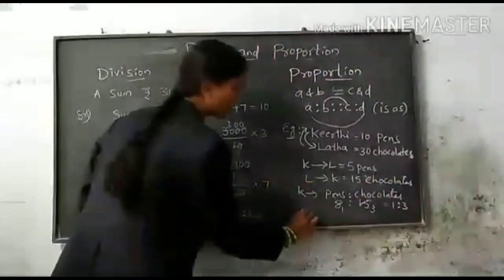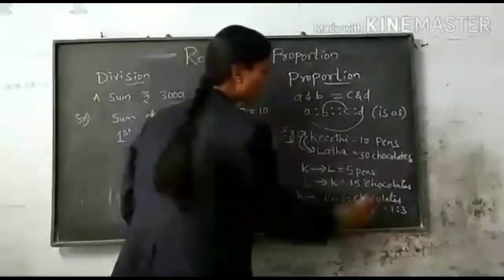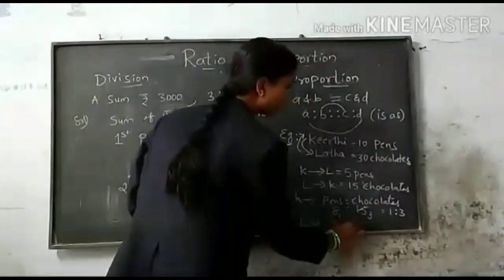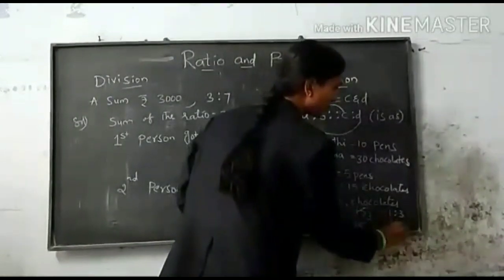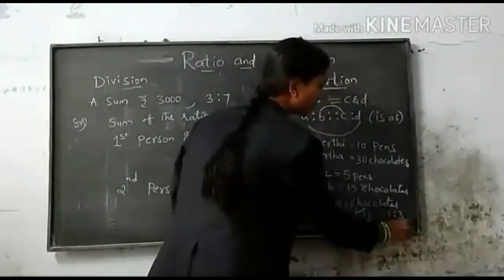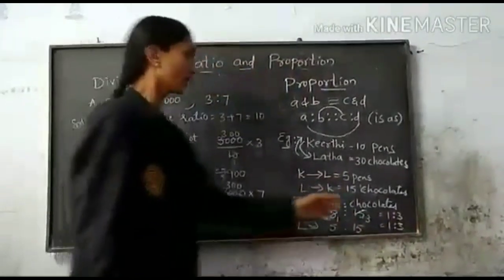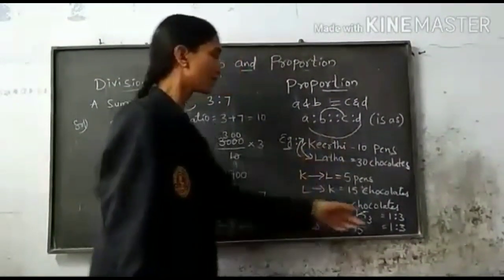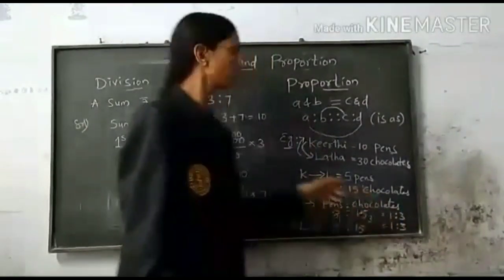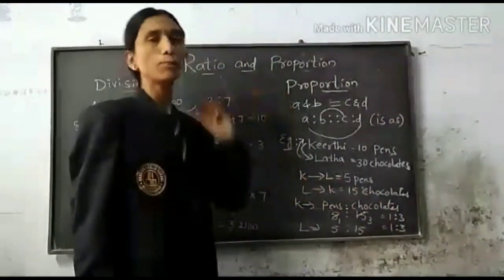Similarly, with Lata, pens to chocolates is 5:15, the same ratio. So again we get 1:3. So like this they shared pens and chocolates equally, and we got the same answer. This is the example for proportion.